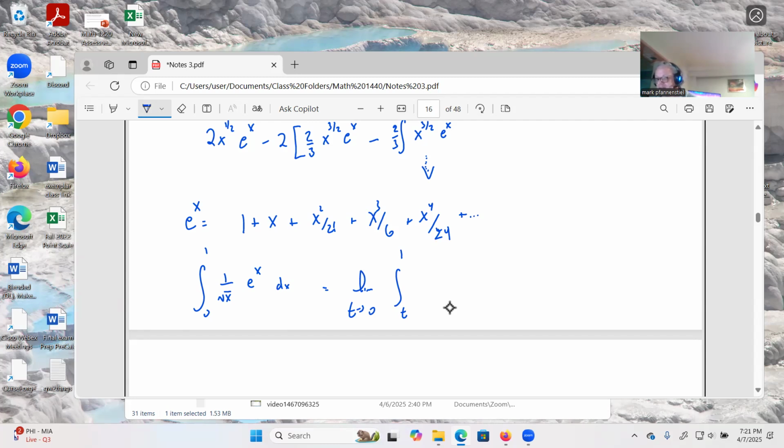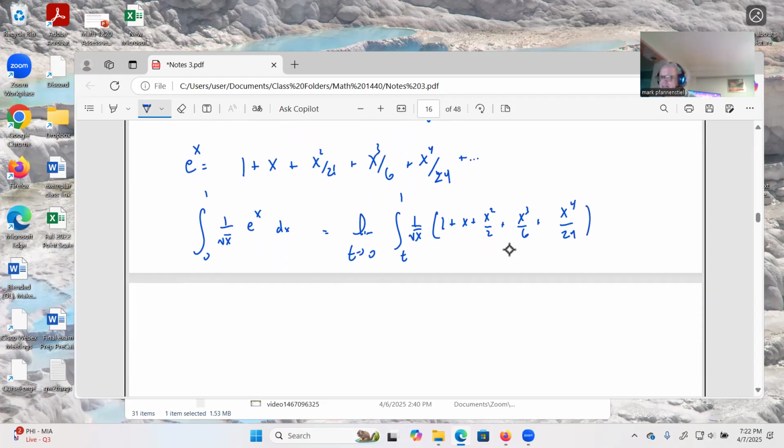So we need to put the limit in first. And we're going to say this is 1 over the square root of x. And then we're going to replace our e to the x with 1 plus x plus x squared over 2 plus x cubed over 6 plus x to the 4 over 24. And we're going to integrate this instead. All right, so let's go ahead and see what that looks like.